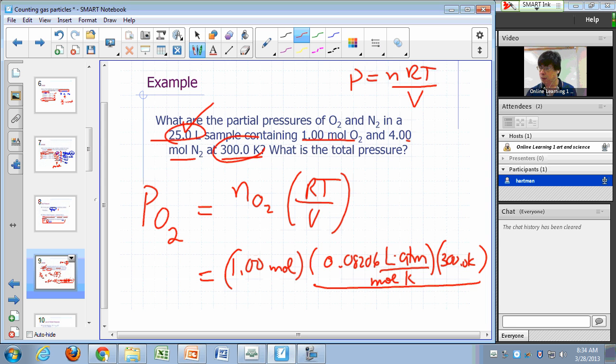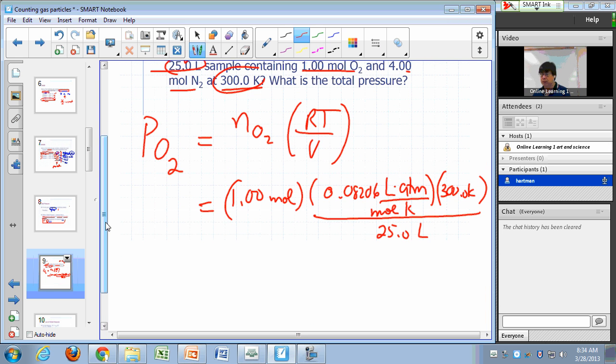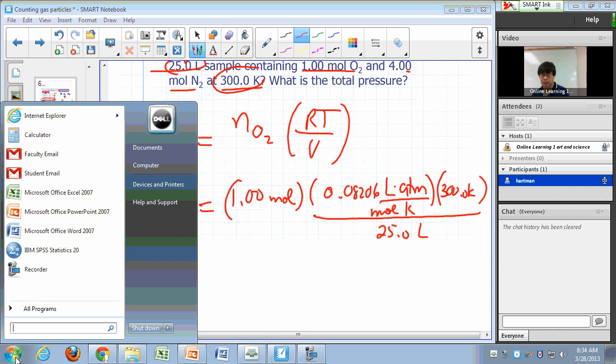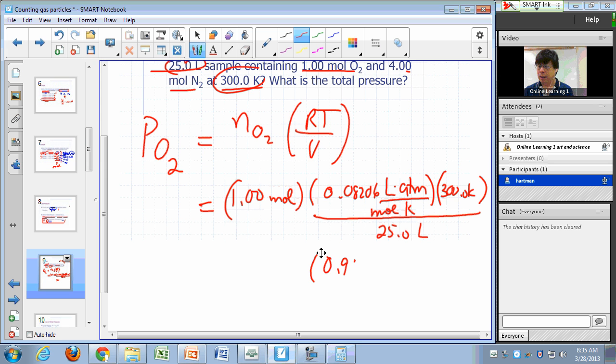It's a 25 liter sample, so our volume is 25.0 liters. Let me solve for RT over V. Picking up my calculator: 0.08206 times 300 divided by 25. That's 0.9847, so 0.985.